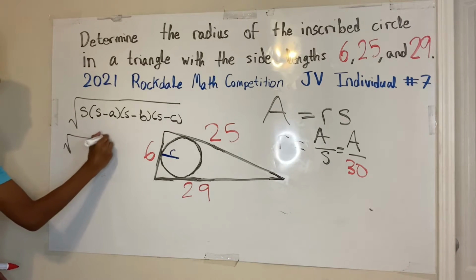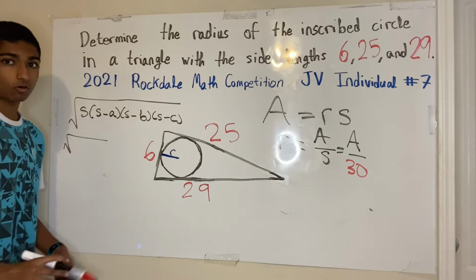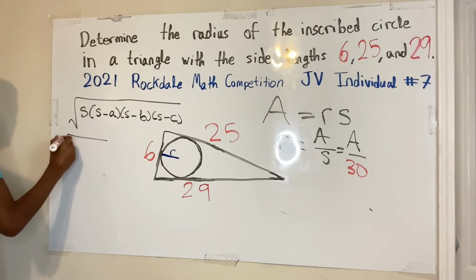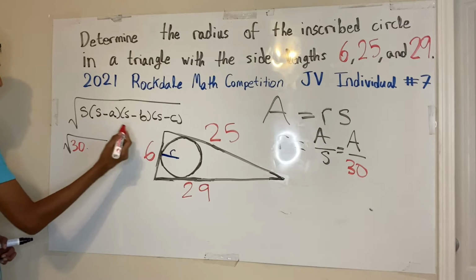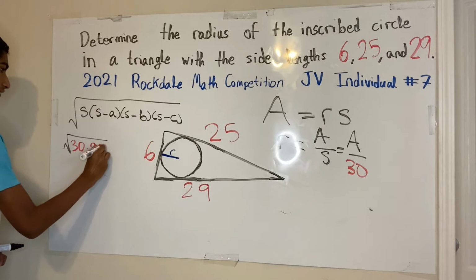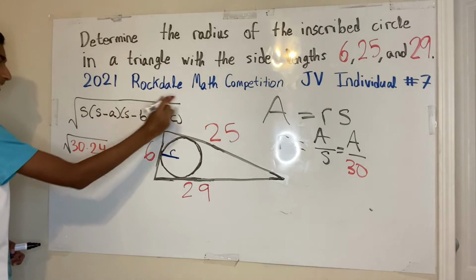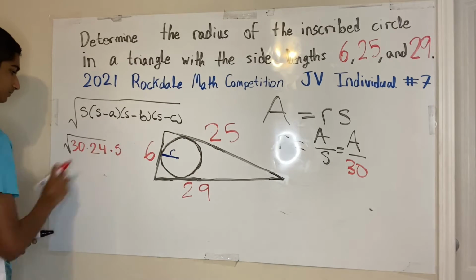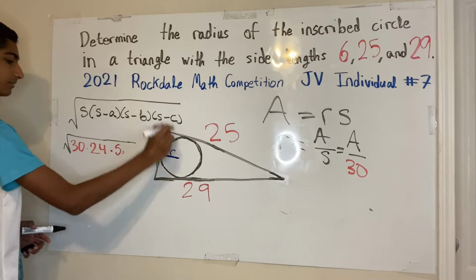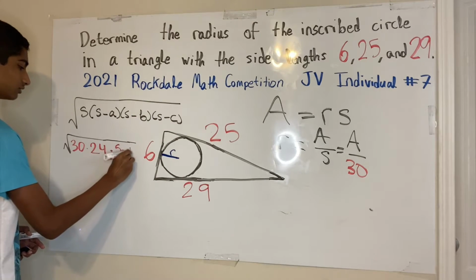And we have the side lengths, and you can put them in whatever order you want. It doesn't really matter. So we have 30 times 30 minus 6, which is 24, times 30 minus 25, which is 5, times 30 minus 29, which is 1.